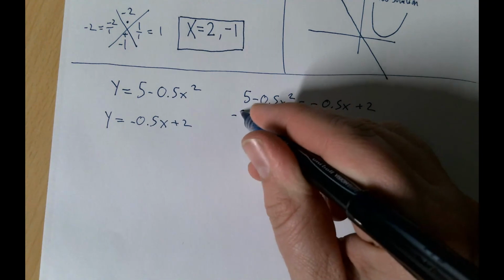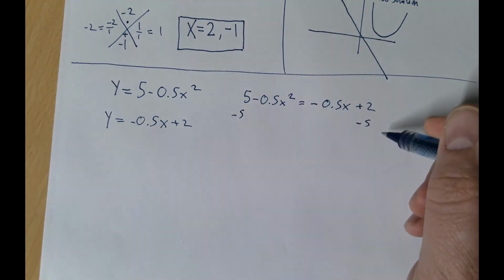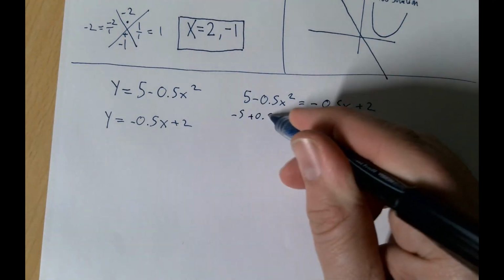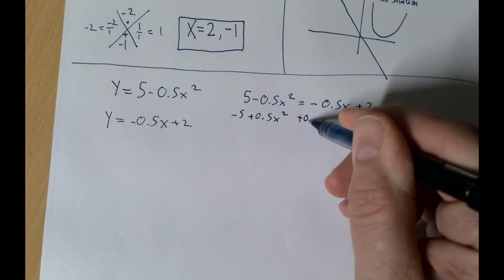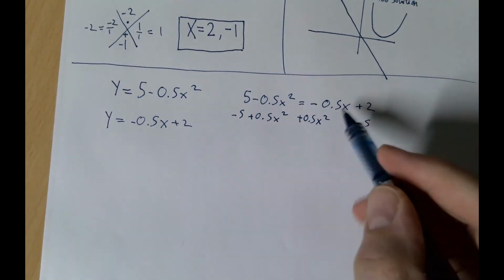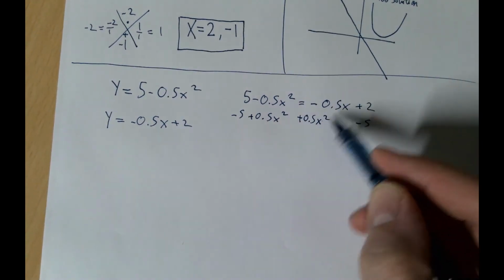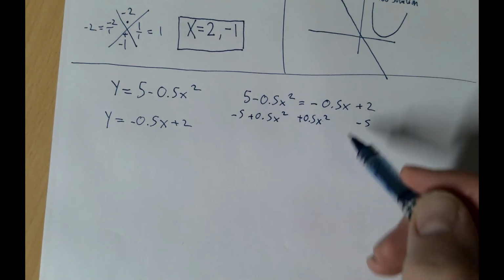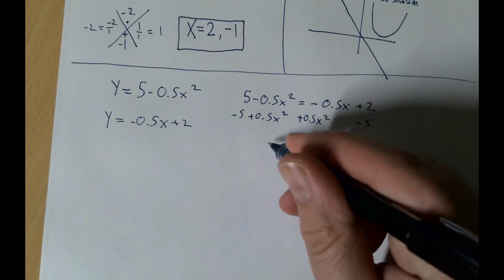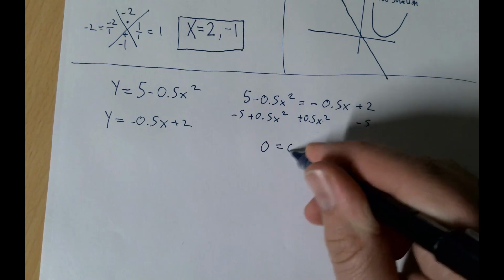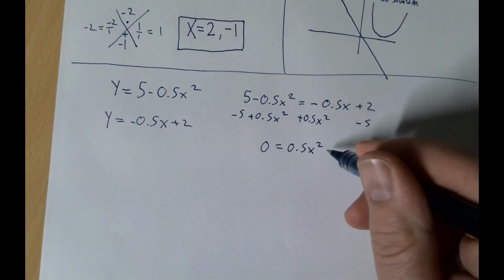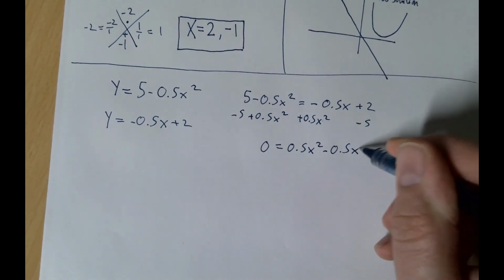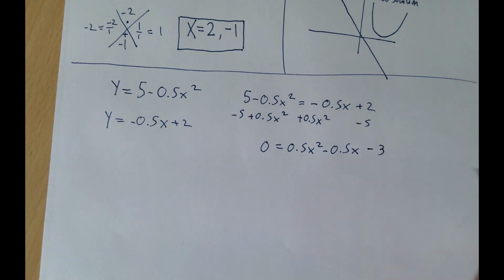So I'm going to subtract 5 from both sides, and I'm going to add 0.5x squared to both sides. Now remember, I can't combine these two because this is an x squared and this is an x. So 0 equals 0.5x squared minus 0.5x minus 3.